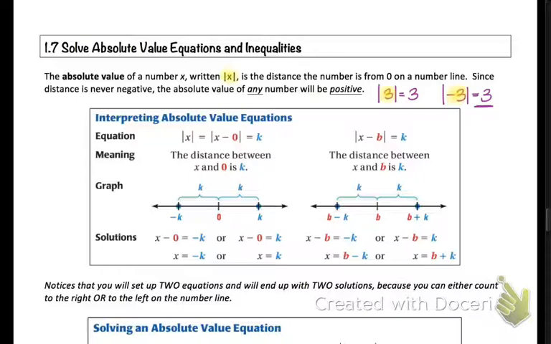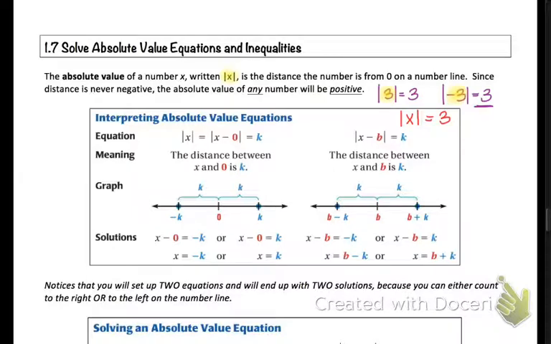Okay, here is how we interpret absolute value equations. Let's say I did not know that the answer was 3 or -3, and instead I gave you an equation that said the absolute value of x is 3.